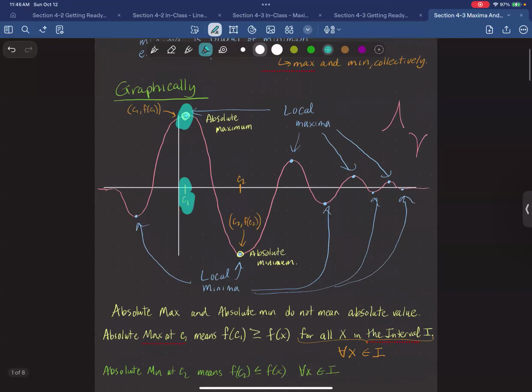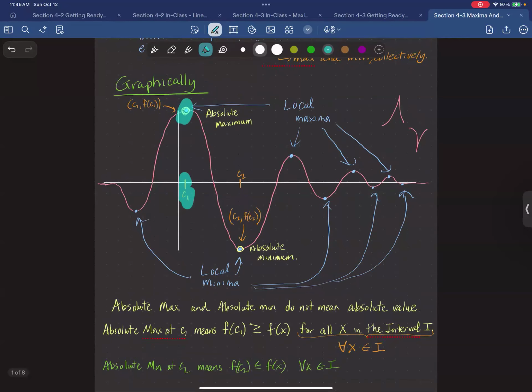The absolute max is this value, whatever that value is. So we say that's the absolute max, f of C1. The absolute min is at the lowest point. We plug in C2 and find out what this value is. That's the absolute minimum.